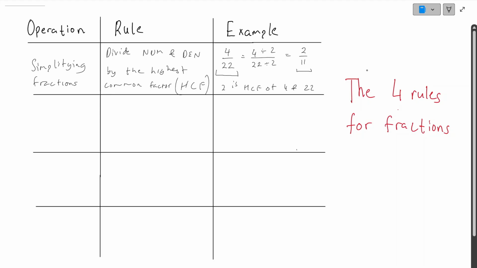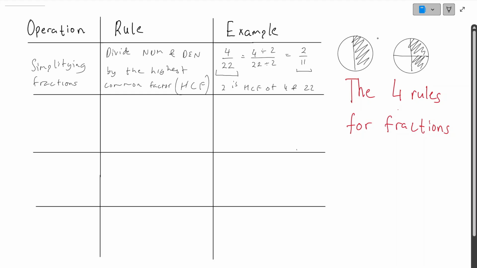Let me give you an example of that visually. So suppose you have 2 pizzas. One of them is cut into only 2 pieces. The other one is cut into 4 pieces. And you take 1 out of the 2 pieces in pizza 1, and you take 2 out of the 4 pieces in pizza 2. What is the fraction associated with each of these?